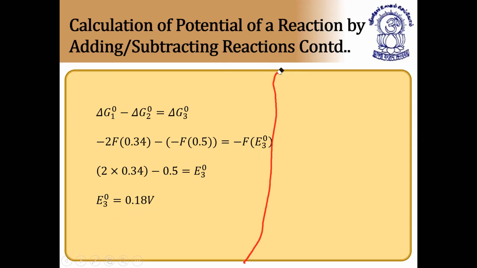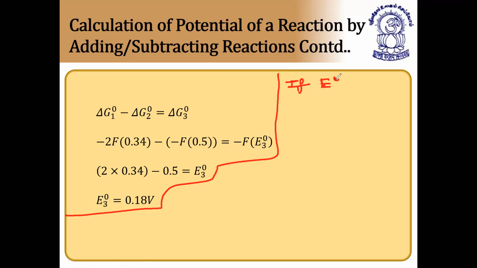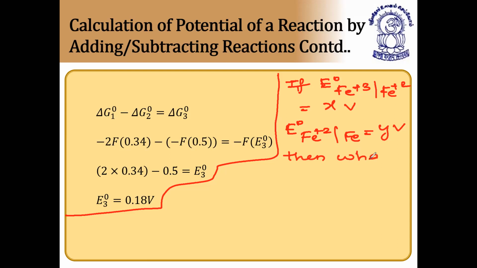If EDK of Fe plus 3 to Fe plus 2 is equal to X volts, and EDK of Fe plus 2 to Fe is equal to Y volts. Then what is EDK of Fe plus 3 to Fe?